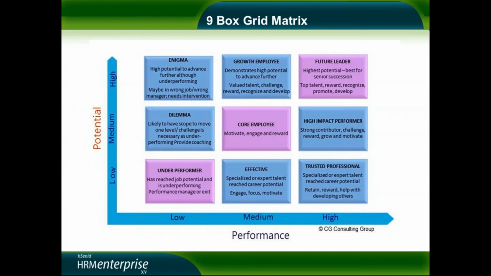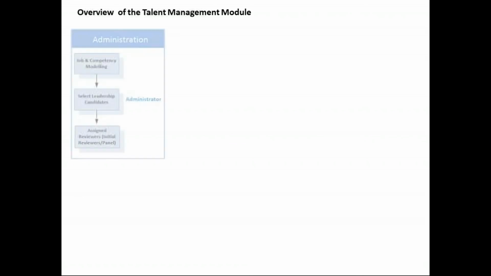You can find the low performing, low potential employees under the underperformer box. Likewise, we are going to rate employees' performance and potential, and we place those employees within this 9-box grid. This is the main matrix we use within the module, right?